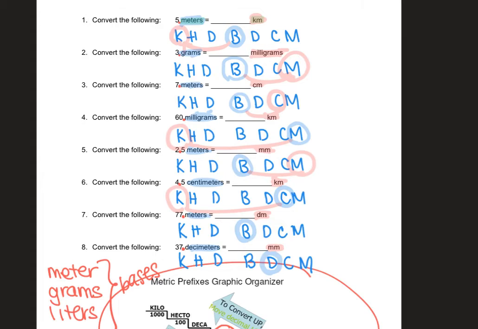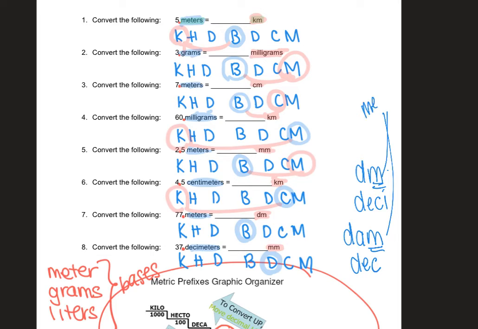Here I'm going to, now here's the interesting thing, and I actually had to look this up to refresh my memory before. DM is deci. DAM is deca. Now, obviously, this is decimeters. The M stands for the meters. So if you were talking liters, it would be DL and DAL.